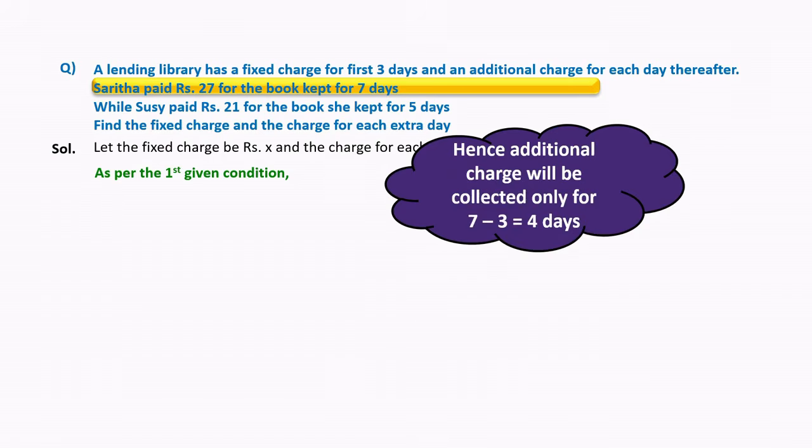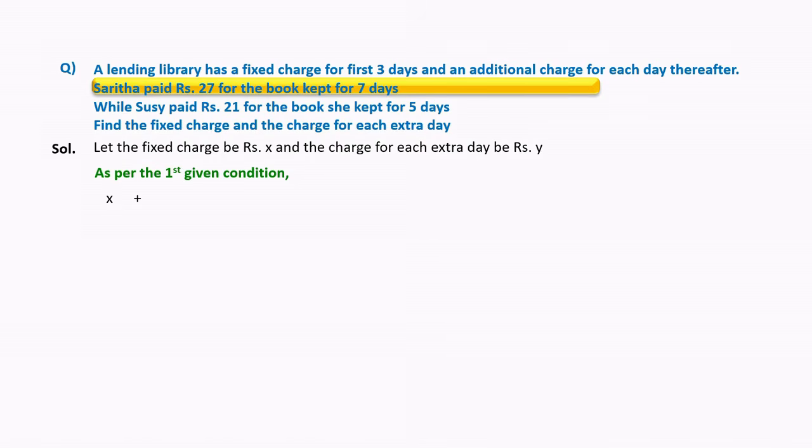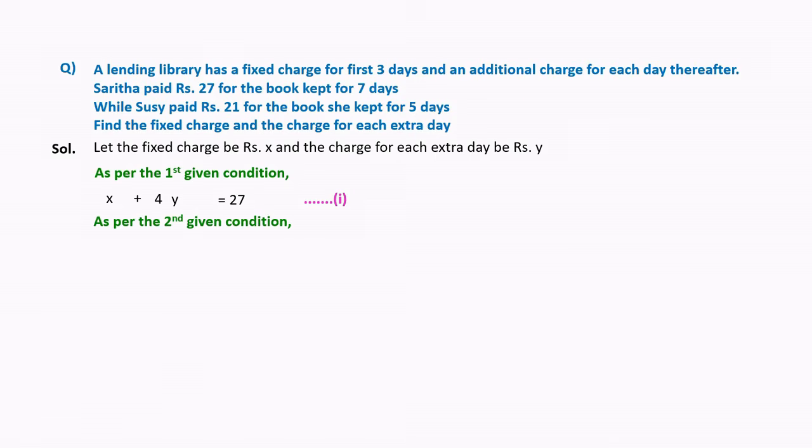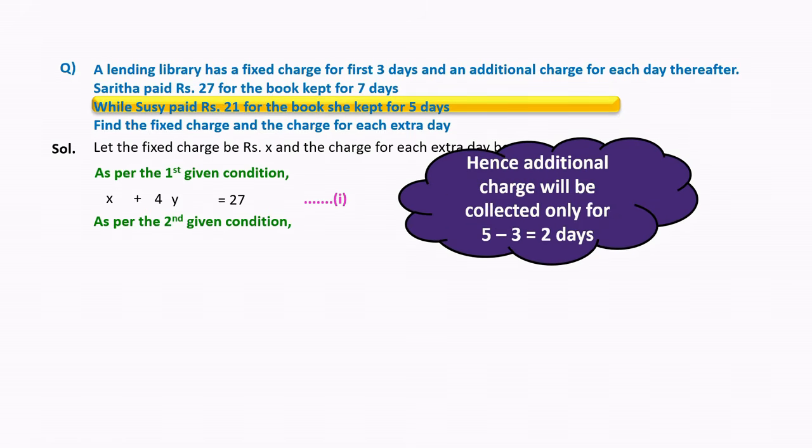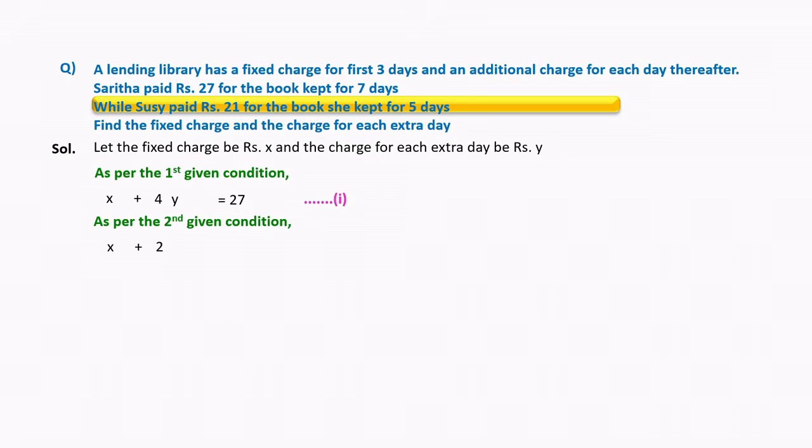So, we get x plus 4y equals 27. This is equation 1. For the second condition, total number of days is 5. So additional charge is for 5 minus 3, that is 2 days. So, we get x plus 2y equals 21.